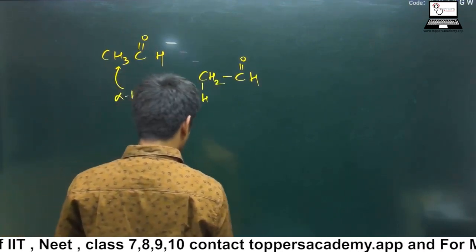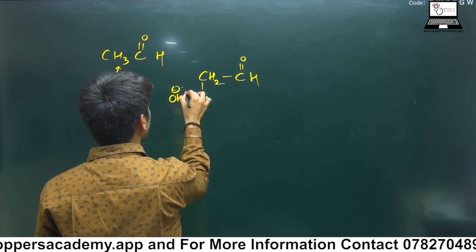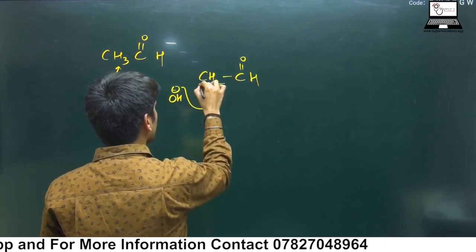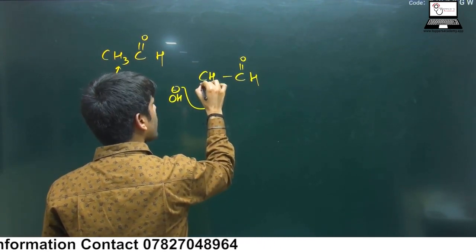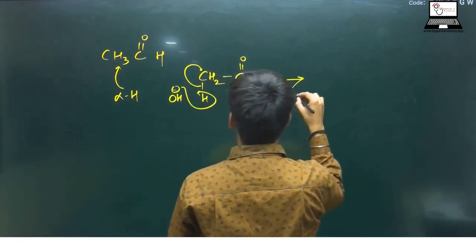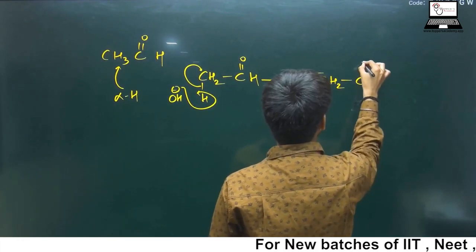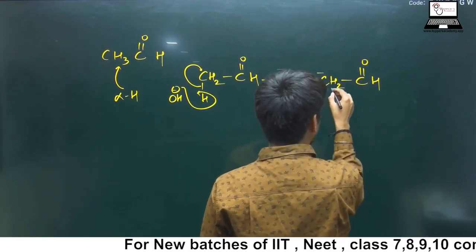What I do is I have a base. So what happens? This base will abstract this H, right? And the electron pair of this bond goes to this carbon. So what do I have? I have CH2 minus C double bond H. This is your carbonyl.